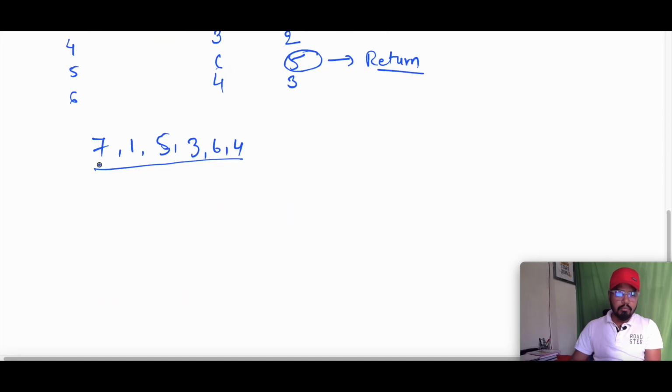The first pointer will indicate the first element, and the second pointer will indicate the next element. Suppose the buy price equals the first element, so it would be 7. There will be one loop in which you have to iterate. You check if the current element is less than the buy price, then you update the buy price.